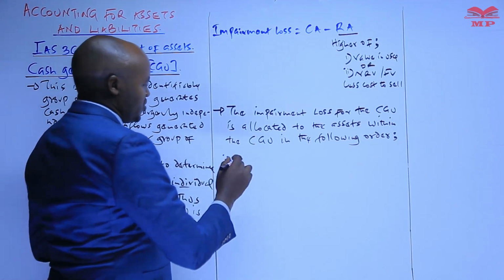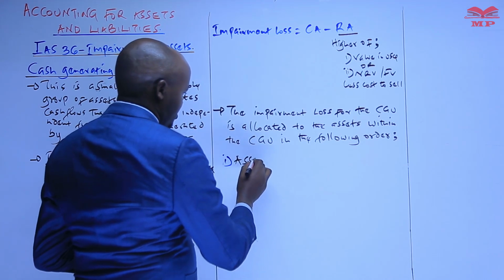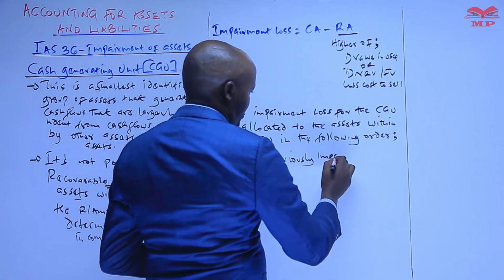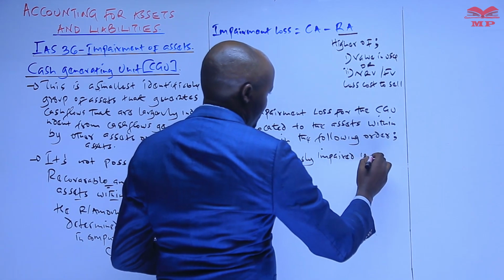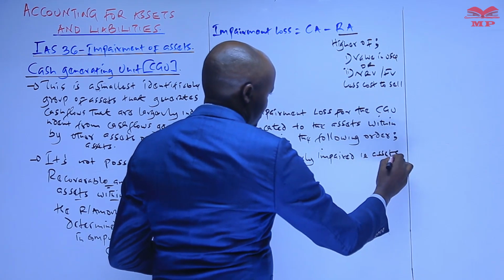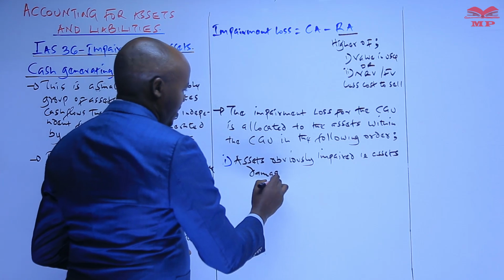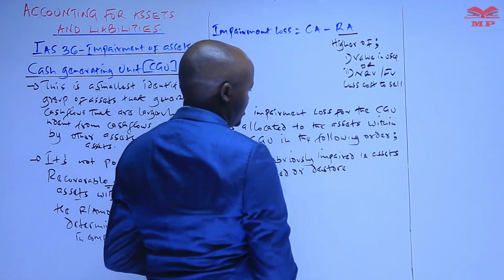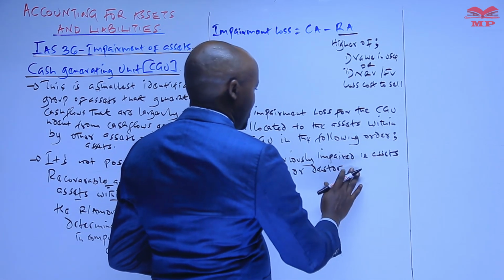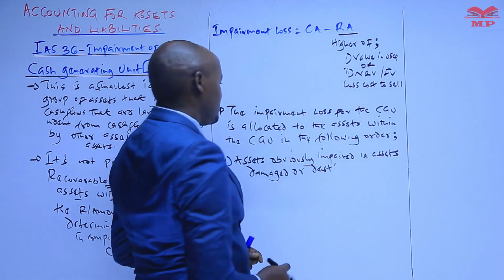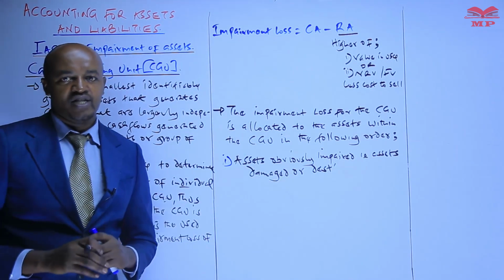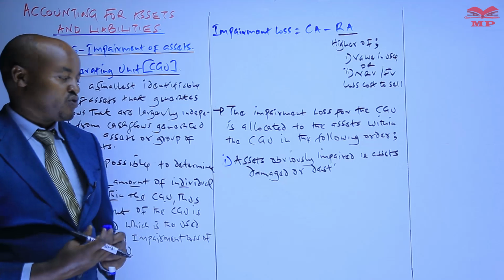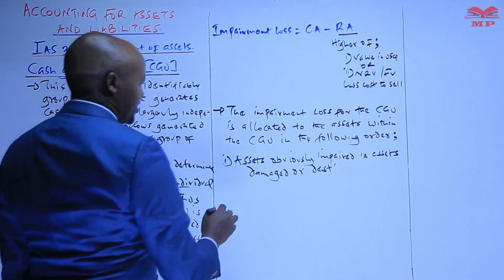When we talk about assets which are obviously impaired, these are assets which are damaged or destroyed. Basically, if the company decides to sell this cash generating unit, that asset which is obviously impaired will not fetch any amount of money because it is damaged or destroyed.